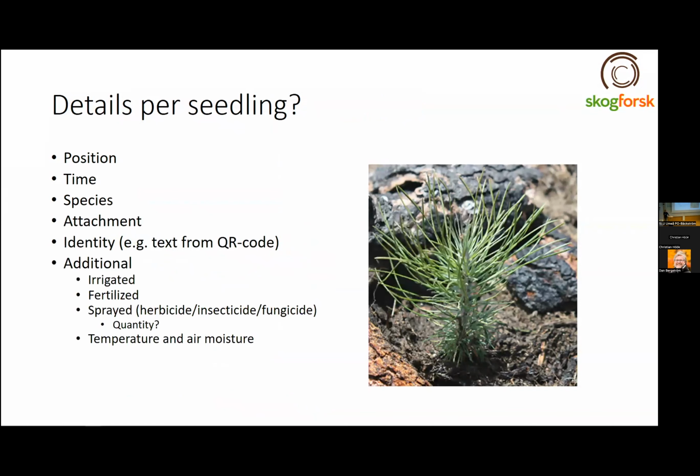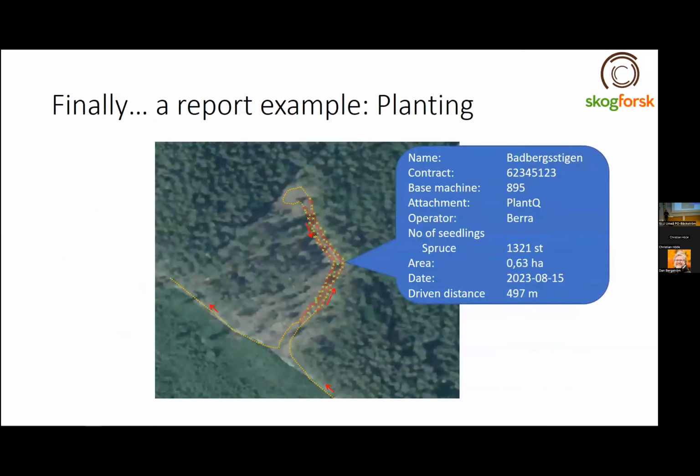Also including the possibility to specify if we've used irrigation, fertilization, spraying, and perhaps climate factors. The idea has also been raised of including information on whether some failure occurred or not, typically if you hit a rock or something like that and are not able to do the planting correctly.